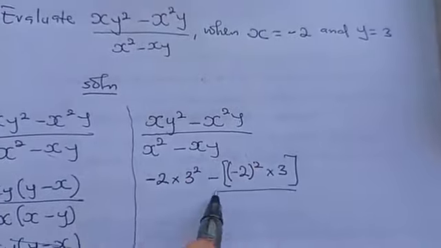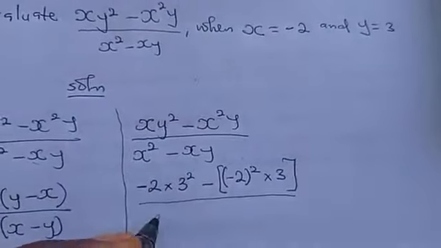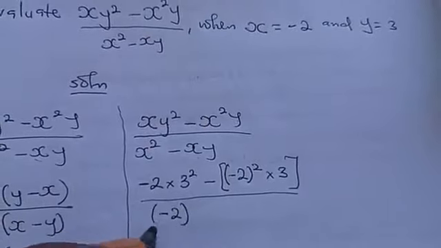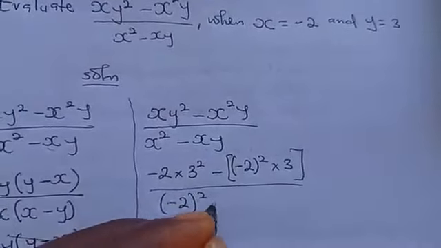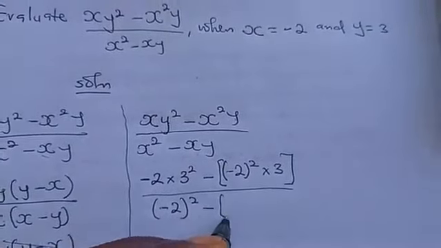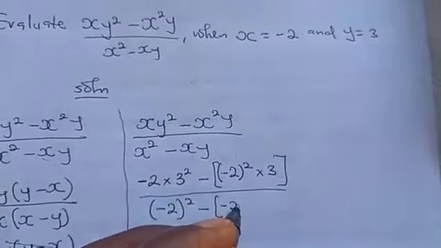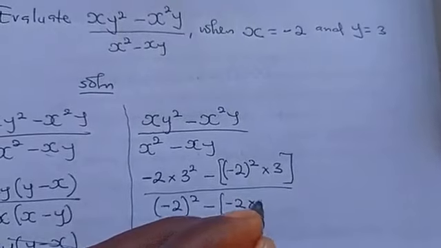That's in the numerator. Now down to the denominator we have minus 2 squared minus the value of x again, we have minus 2 multiplied by y, which is 3.